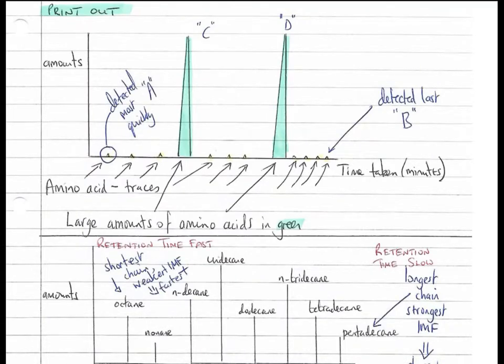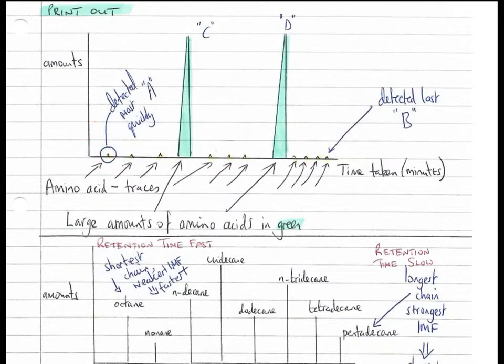Let's have a look at the printout. A phrase I haven't used yet is the retention time. Many chemicals might have a short retention time, and that would be, say, this amino acid. We have the time taken along the x-axis.